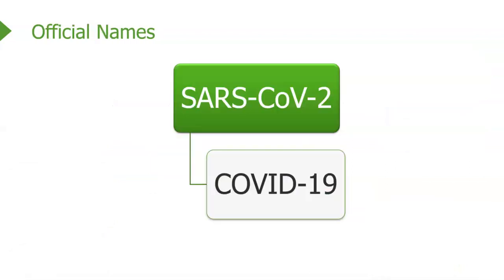So when you hear people reference COVID-19, that is the disease that is caused by SARS-CoV-2. So that means what? Severe acute respiratory syndrome, coronavirus number 2. That's what SARS-CoV-2 means. And COVID-19 is the corona viral disease that happened or started in 2019.